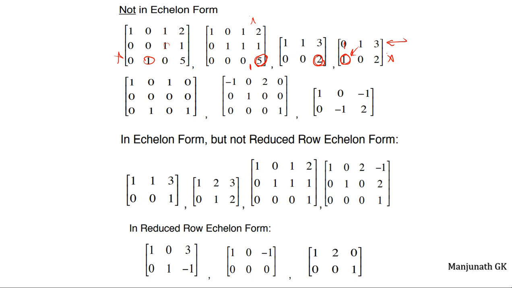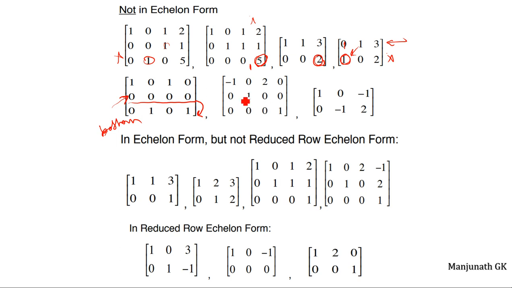And similarly, in row echelon form, a zero row should be there at the bottom. It is a zero row, it should be at the bottom, but it is not at the bottom, so it is not in echelon form.